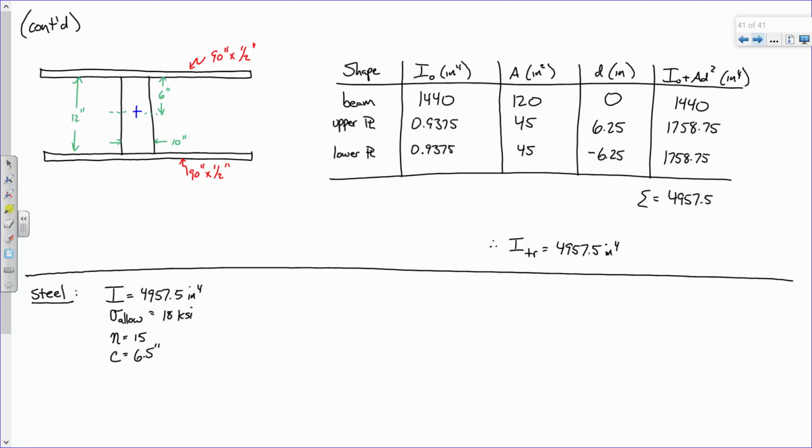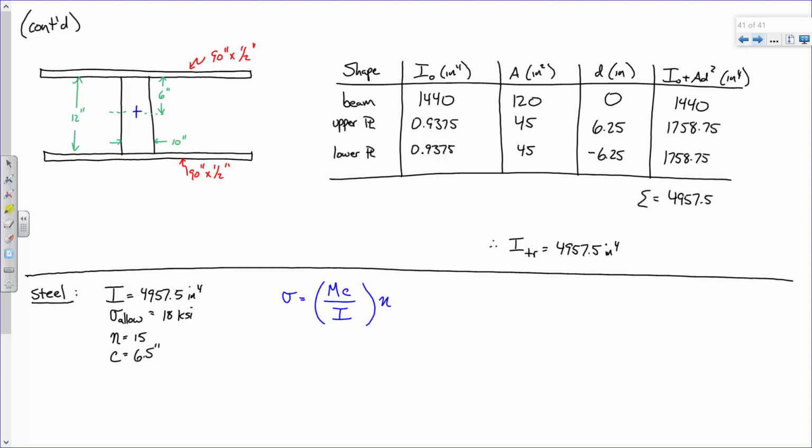Here's what's going on. Sigma equals MC over I, right? But we need to adjust that by a modular ratio. Why do we need to adjust that by a modular ratio?